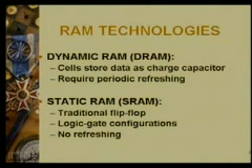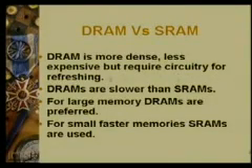So what is the advantage of this, or how would we compare SRAM with DRAM? Well, DRAM is more dense and less expensive, but requires circuitry for refreshing. DRAMs are slower than SRAMs, so for large memories they are preferred. That means all main memories are made from DRAMs, which are 5 to 10 times slower than SRAMs, and cache memories are made of SRAMs.